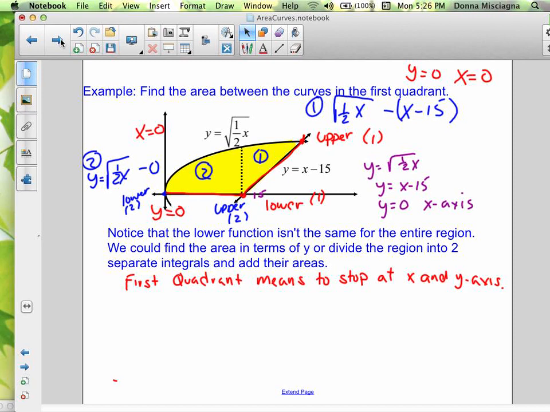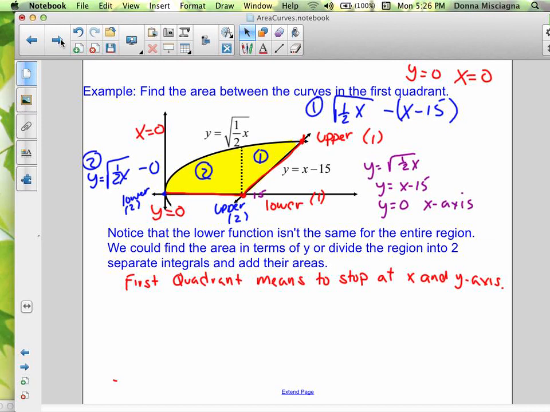For piece 1, the upper function is 1/2 square root of x and the lower function is the line, y equals x minus 15. For part 2, the upper function is still y equals 1/2 square root of x, but the lower function is y equals 0, the horizontal line. So when it says first quadrant, it means to stop at the x and y axes.